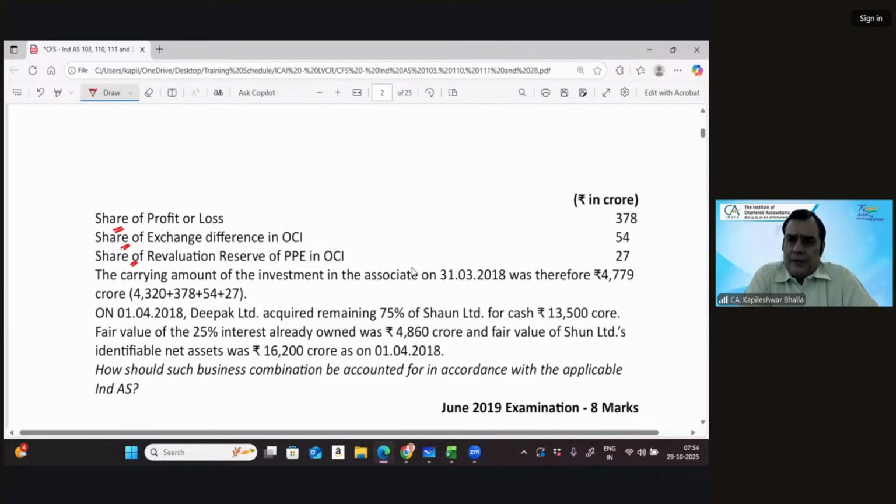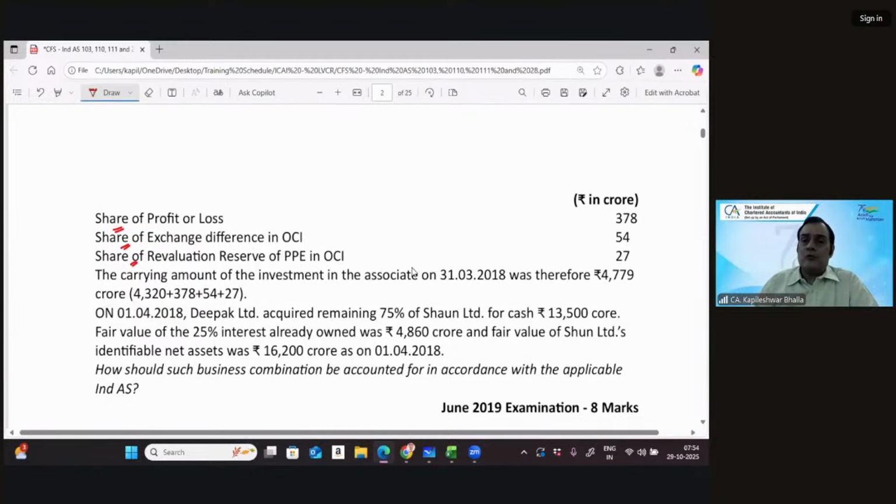Which means, if he's recorded the share in the post-acquisition movements in terms of P&L and OCI, he would have done the entry investment debit P&L credit, investment debit OCI credit. And that's what it says.